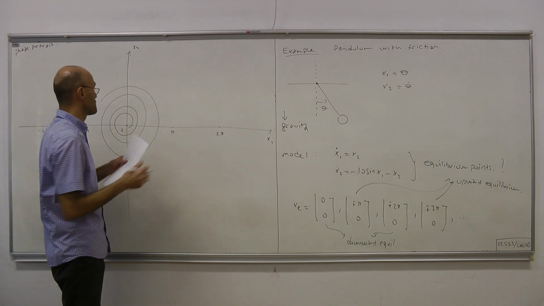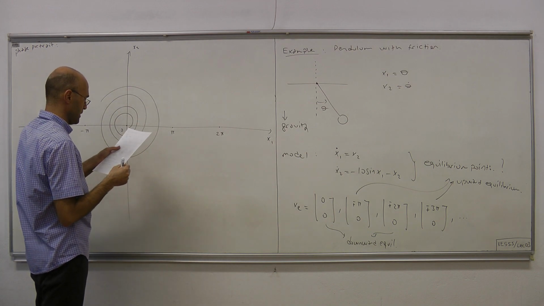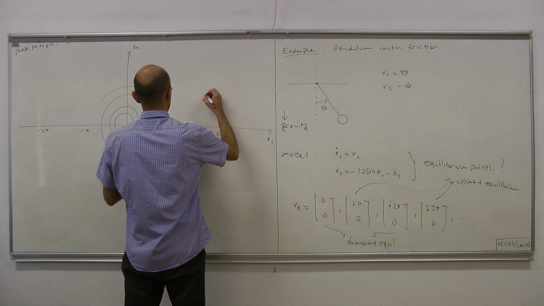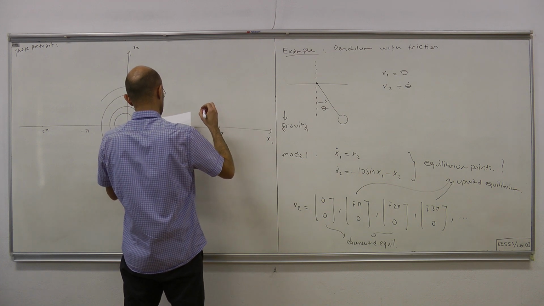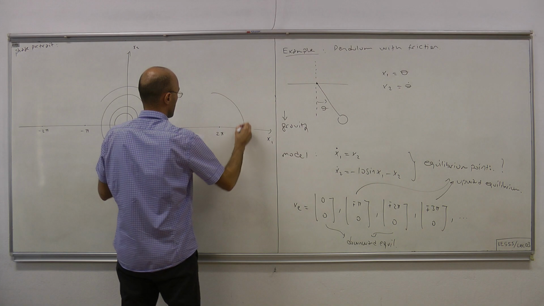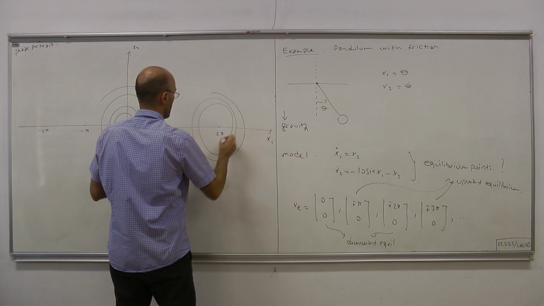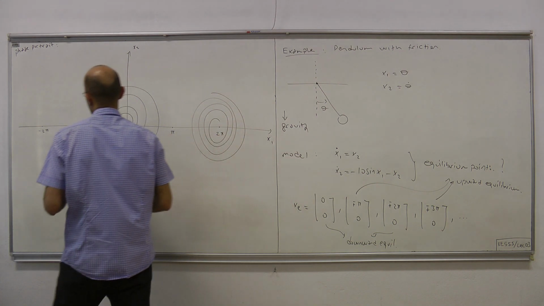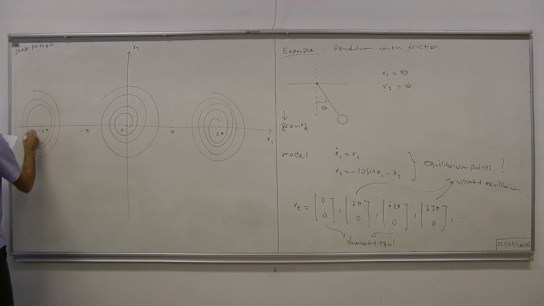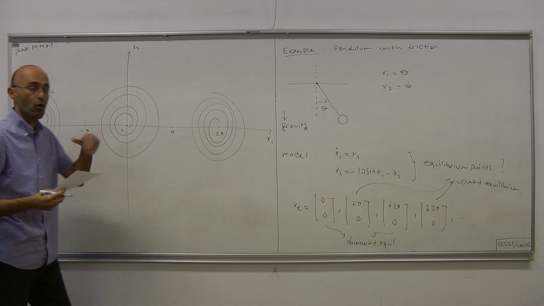That's one possible trajectory. And then similarly for this one, and likewise here, and so on. You're converging to the origin.